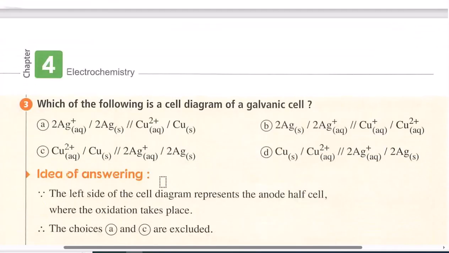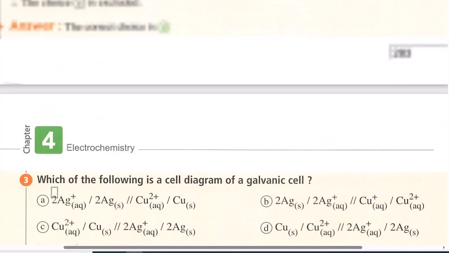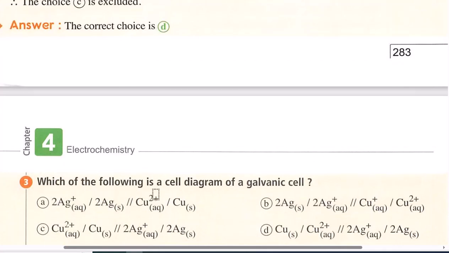Let's take another example. Which of the following is the cell diagram of a galvanic cell? The cell diagram starts with the element which is more active. So we have four choices with silver and copper.